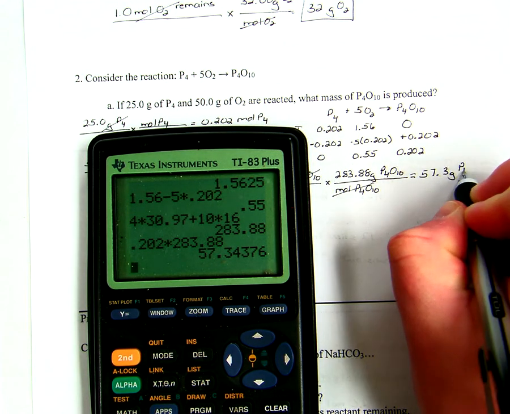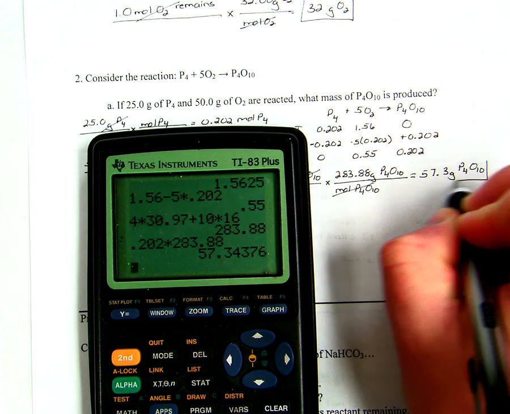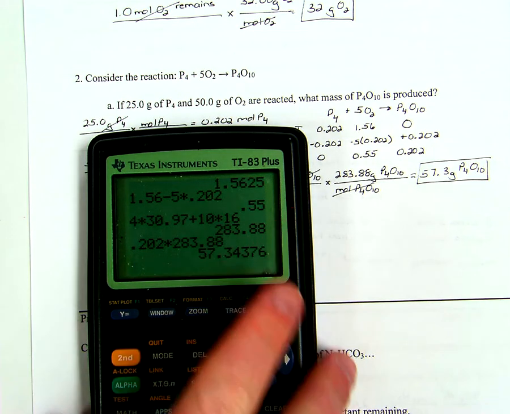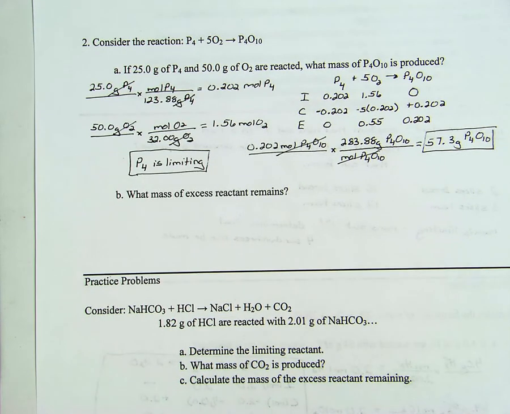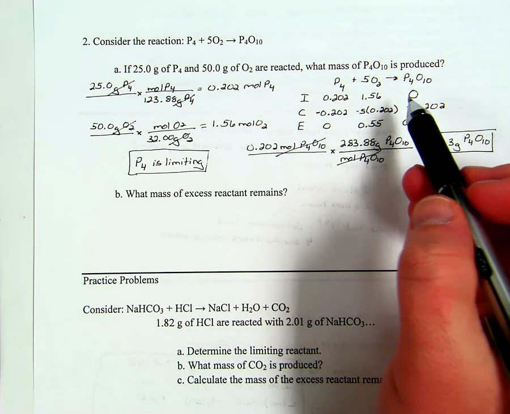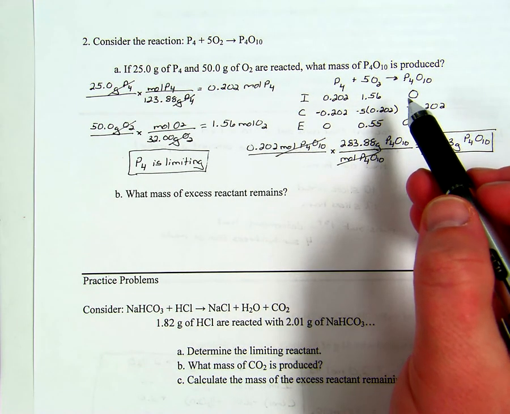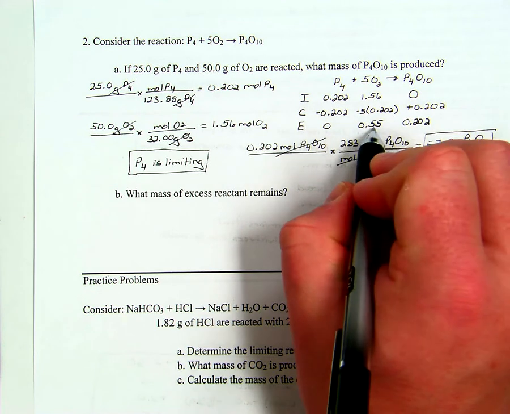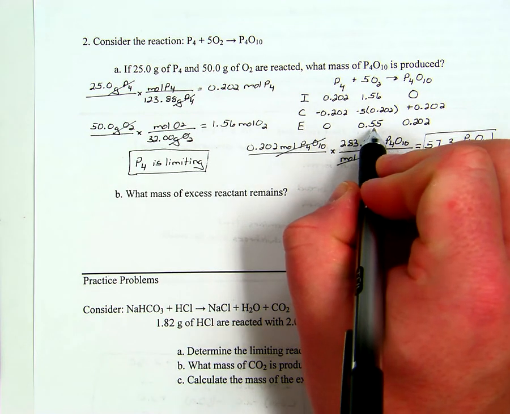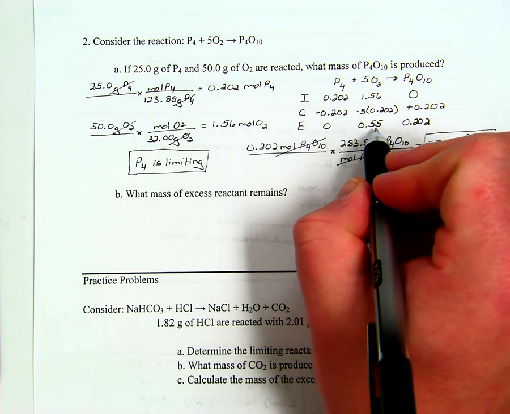Alright, so that is that problem. Next question. What mass of excess reactant remains? Well, if I just go back and look at my chart here, I can see my excess is oxygen, and at the end I have 0.55 moles of oxygen left over after the reaction is completed. So to determine the mass, I just need to convert that into grams.